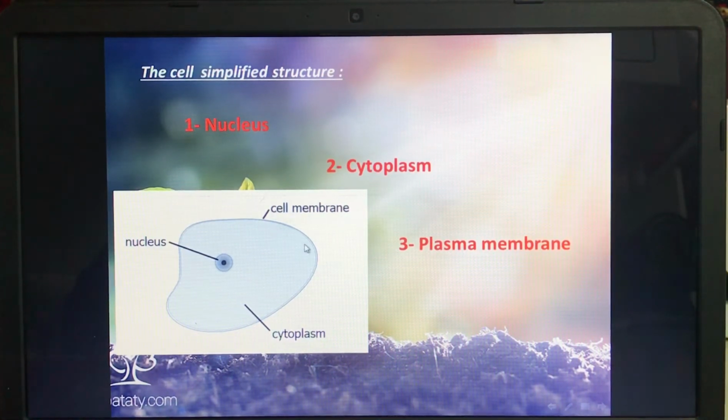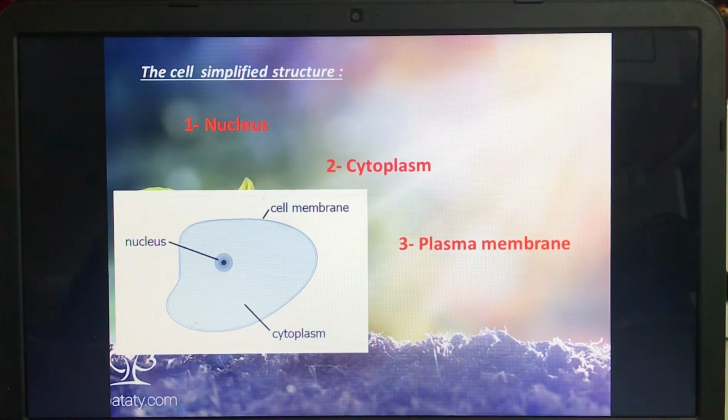And the third one is plasma membrane or cell membrane. It is the outer cover of the cell. Can you see it? This outer cover is called plasma membrane. So these 3 things must exist in any cell: nucleus, cytoplasm, and plasma membrane.